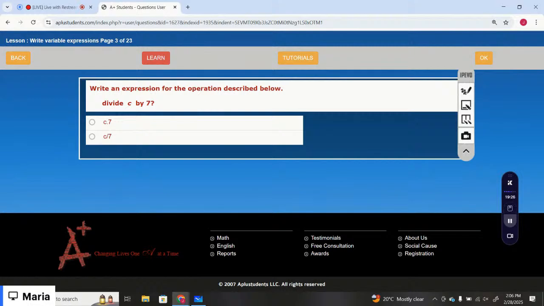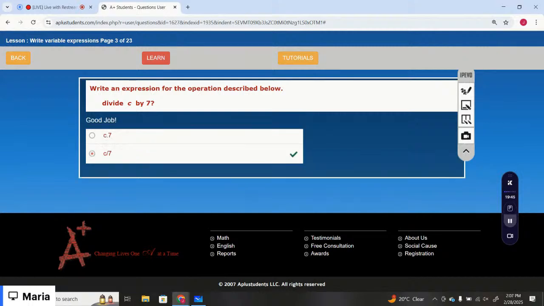Write an expression for the operation described below. Divide c by 7. That is c divided by 7. Option number 2 is the correct option.